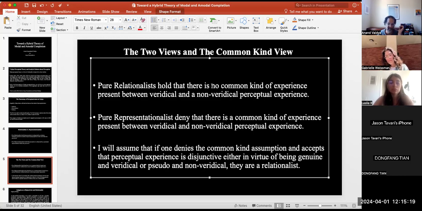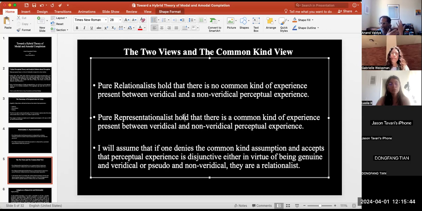And the pure representationalists hold that there is a common kind of experience between veridical and non-veridical perceptual experience. So for representationalists, there's something in common between seeing a yellow lemon and hallucinating a yellow lemon.